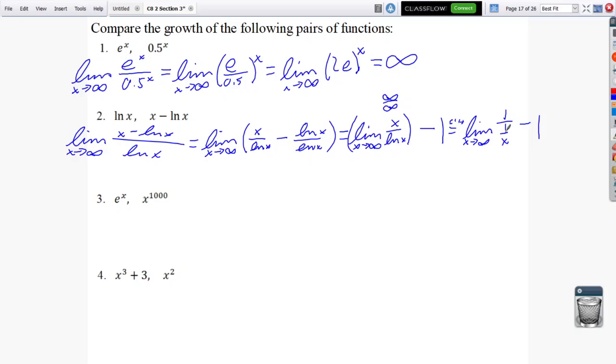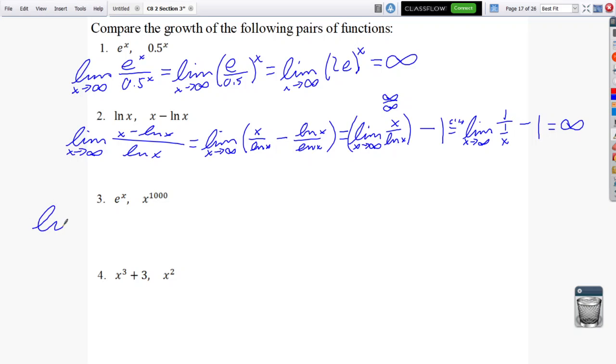When I plug in x there, I get infinity. Infinity minus 1 gives me infinity. Therefore, since I had x minus ln of x in the numerator, x minus ln of x grows faster than ln of x, or ln of x grows slower than x minus ln of x.